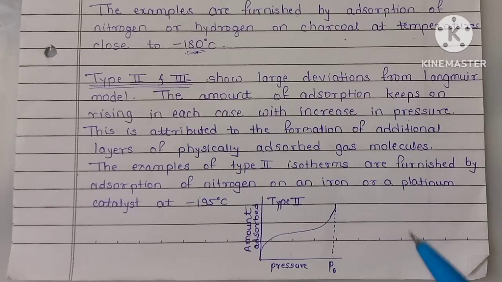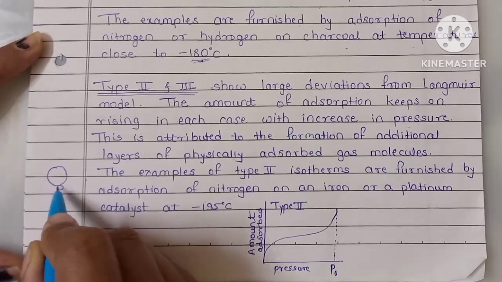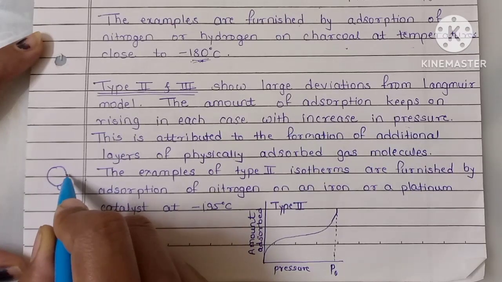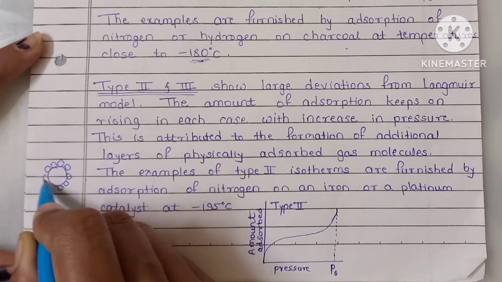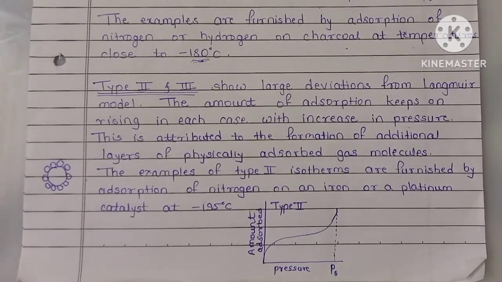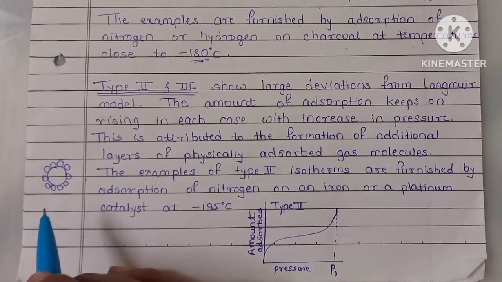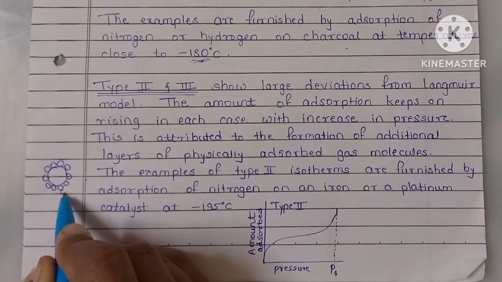So consider this is the surface. On this surface the gas molecules are adsorbed. If we further increase the pressure, then the van der Waals force of attraction attracts the second molecule layer.